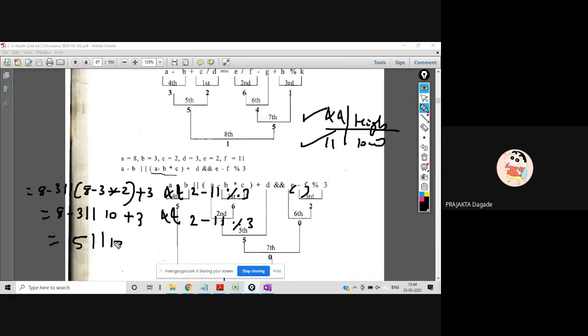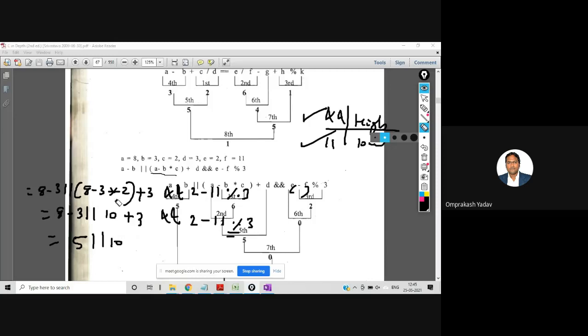Sir, will mod come first or minus? Yeah, mod is also there, so mod will be solved first. Sir, that bracket will become 2 now. First we will solve 3 into 2.